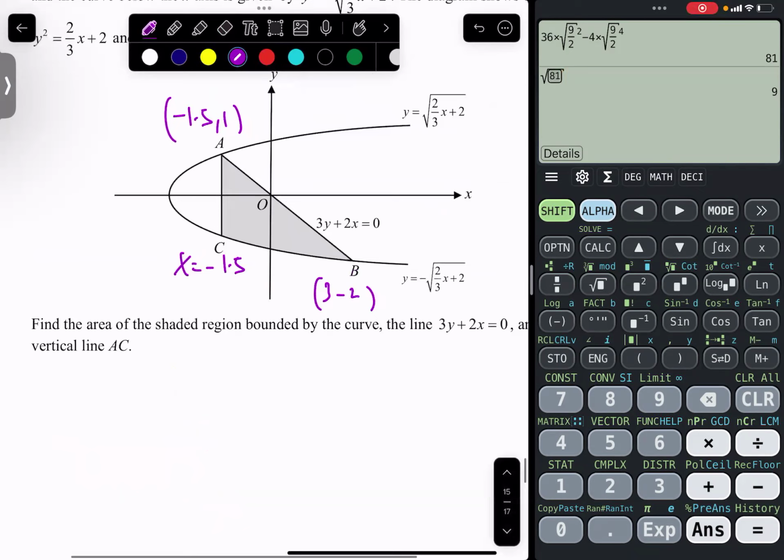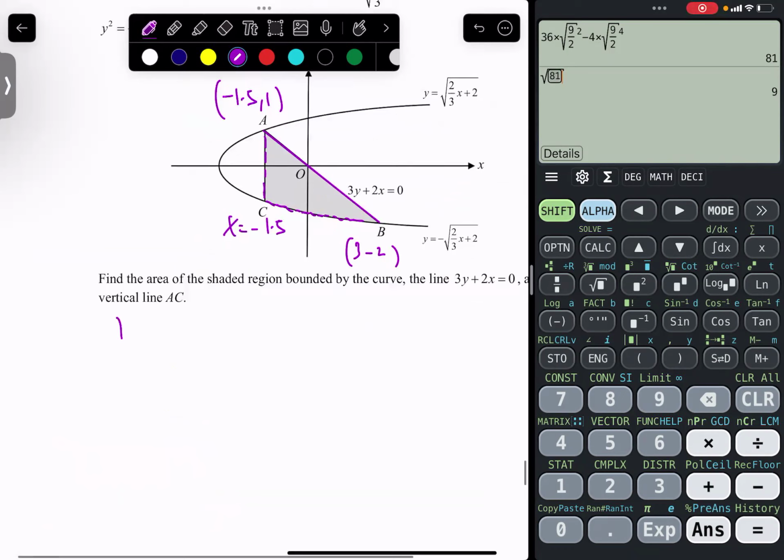We'll just apply line, curve. This is the curve. So the line is above the curve, we just have to integrate line minus curve.